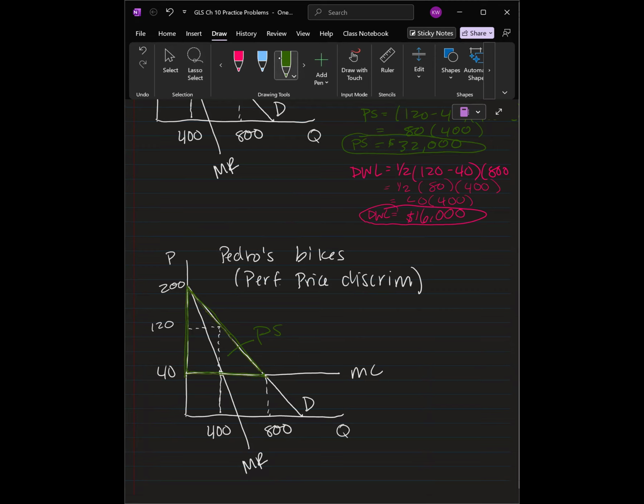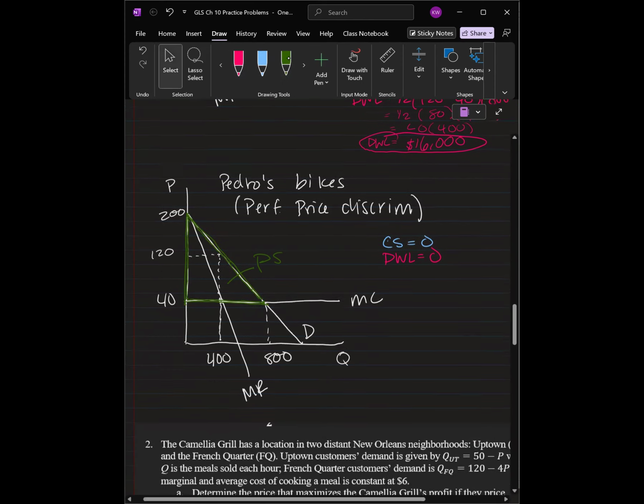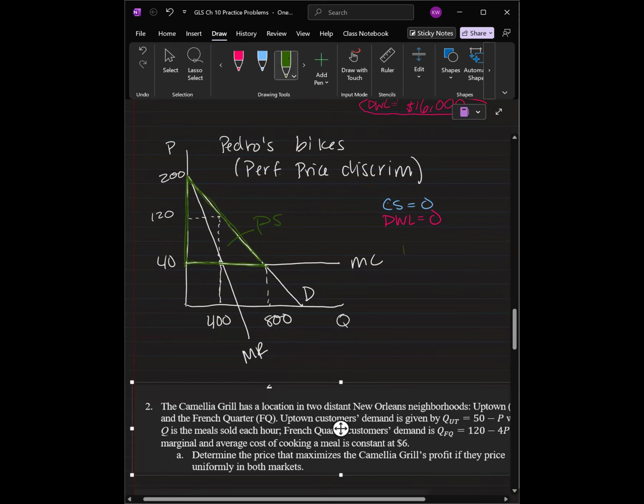Okay, so that entire triangle formed by the marginal cost curve, the demand curve, and the price axis is producer surplus. So consumer surplus equals 0, deadweight loss equals 0, right? Exactly as much is produced by Pedro when he perfectly price discriminates as would be produced by the perfectly competitive market.